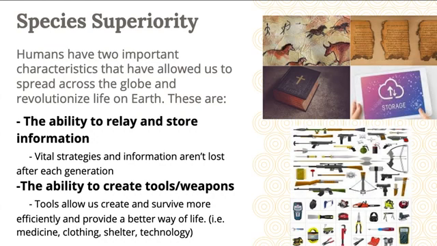So, species superiority. Humans have two important characteristics that have allowed us to spread across the globe and revolutionize life on Earth. These are, and I find these really amazing and eye-opening, we have the ability to relay and store information. Think about it, no other animal on Earth, no amphibian, no bird, no insect, has the ability to store information and then pass it along to the next generation.